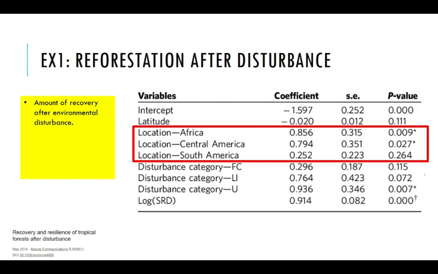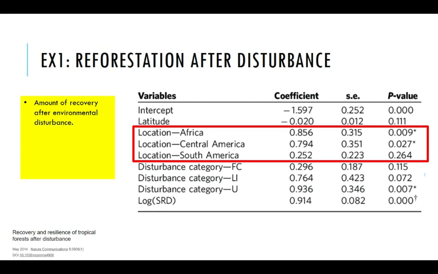Let's look at some real studies that I found online. The first one I found looked at reforestation after a disturbance, and this was in Nature Communications. Now, we don't need to understand a whole lot about this study to be able to understand this.